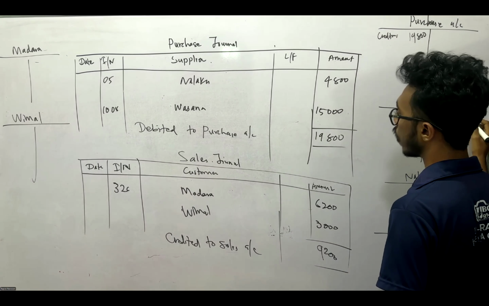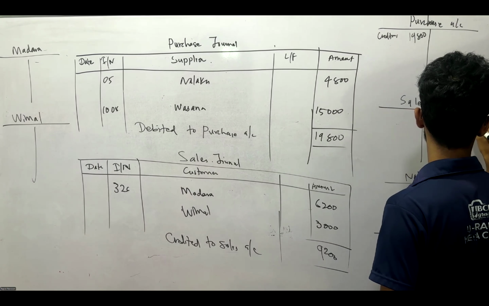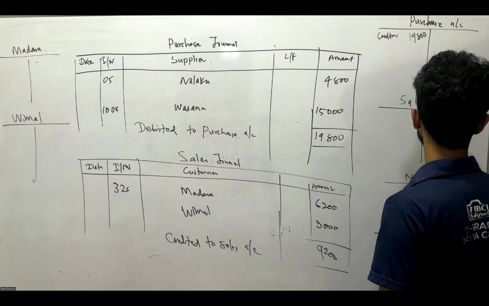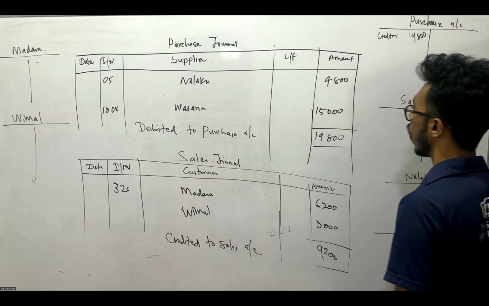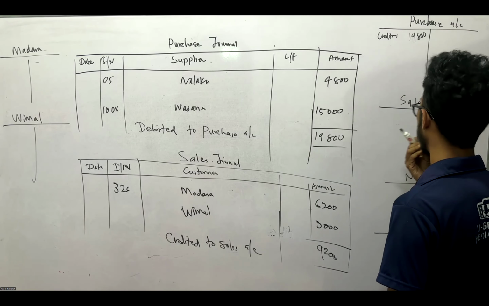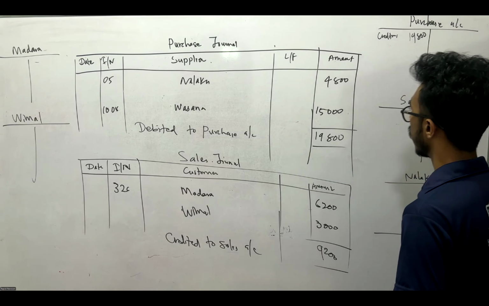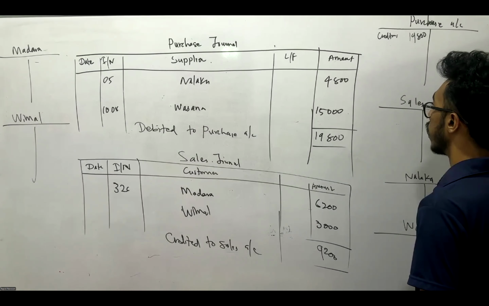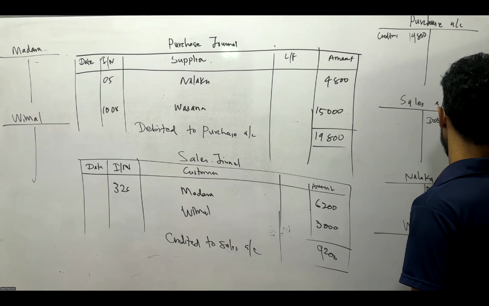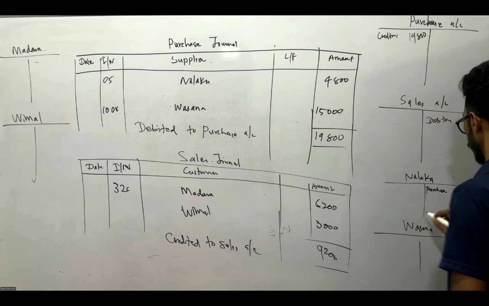Sales account will be credited as 9,200 debtors, right? Then Nalaka's account will be credited as purchase 4,800.